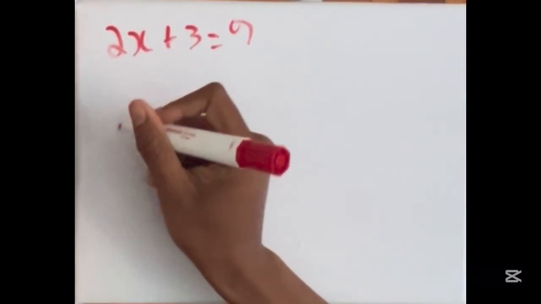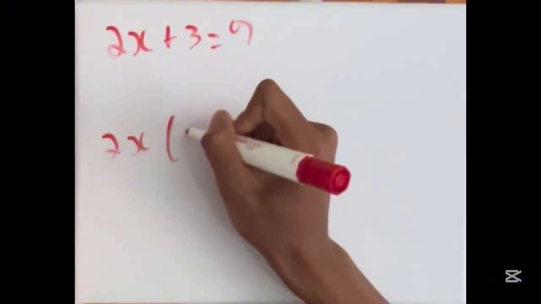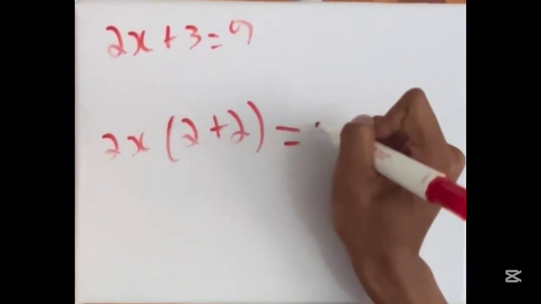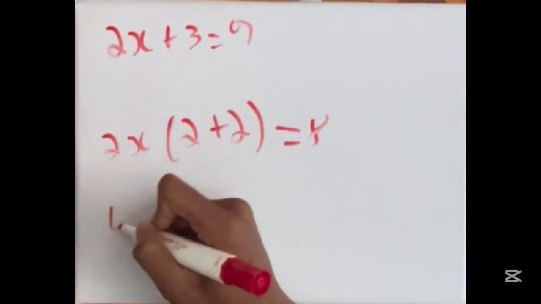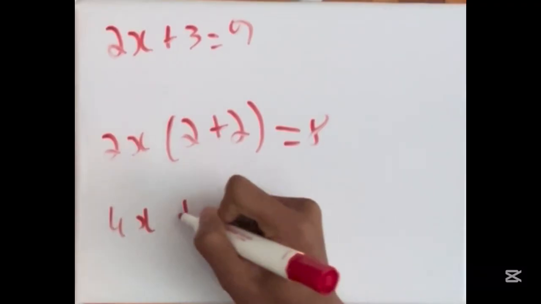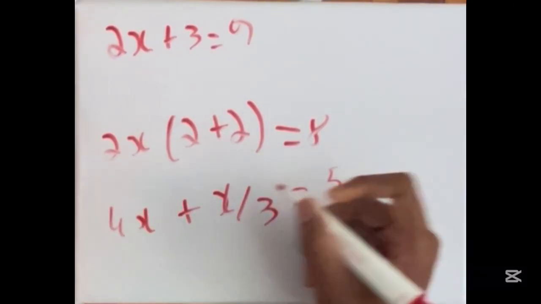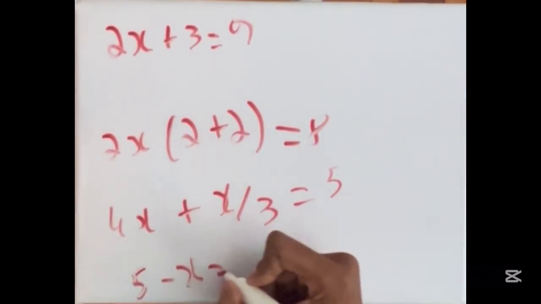Then 2x times 2 plus 2, and this is where PEMDAS comes into play. And then x plus x divided by 3 equals 5, and 5 minus x equals 1.